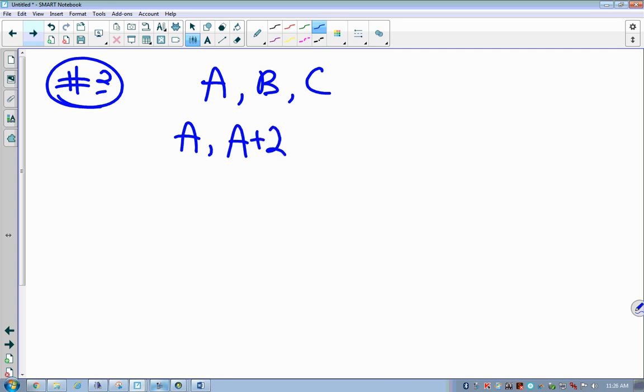For instance, if A is 2, then B is 4. Consecutive evens, which means C is just A plus 4 because we're going up consecutively.